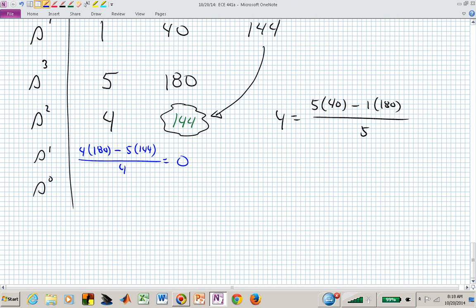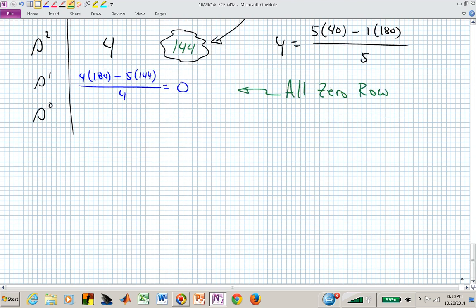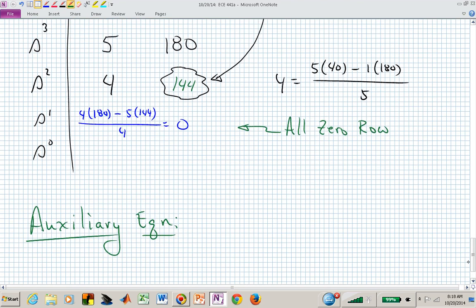With that all 0 row, now we need to create or find or use the auxiliary equation. And the auxiliary equation actually comes from the row one above the all 0 row.